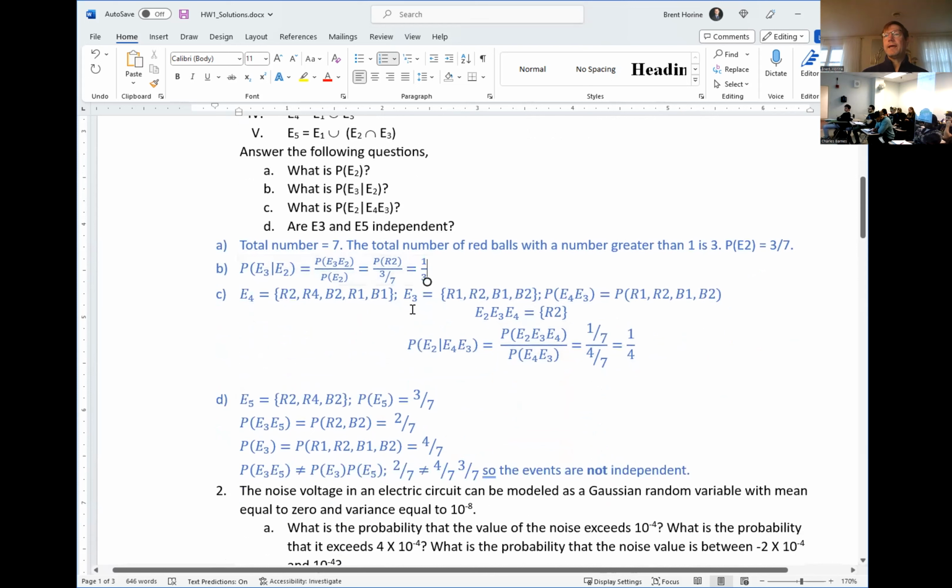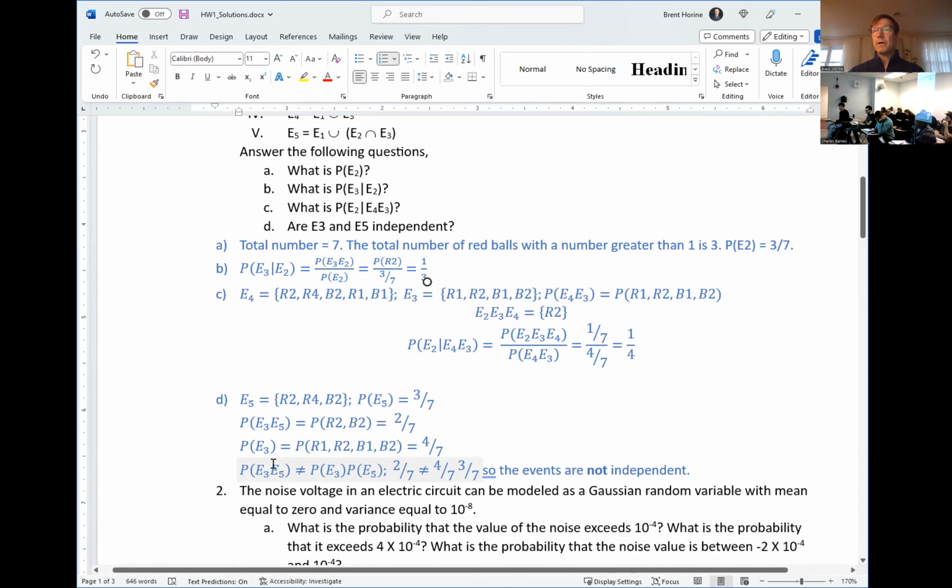All right, then, are E3 and E5 independent? So you go through and calculate these things, and you ask, is the probability of E3 and E5 occurring equal to or not equal to the probability of E3 times the probability of E5? Are they independent, or do we need to handle them with this conditional type of toolbox that we have?